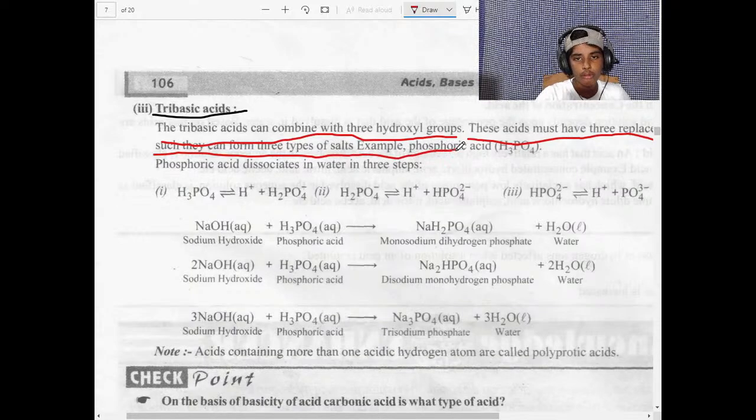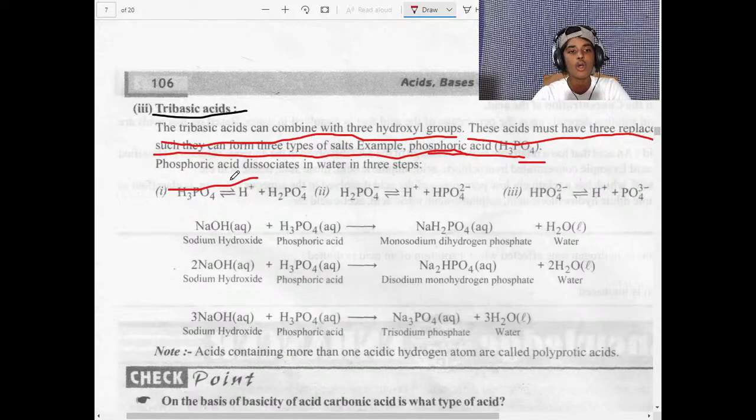Example: phosphoric acid, H3PO4. Phosphoric acid dissociates in water in 3 steps. The first one, H3PO4 gives H plus plus H2PO4 minus.